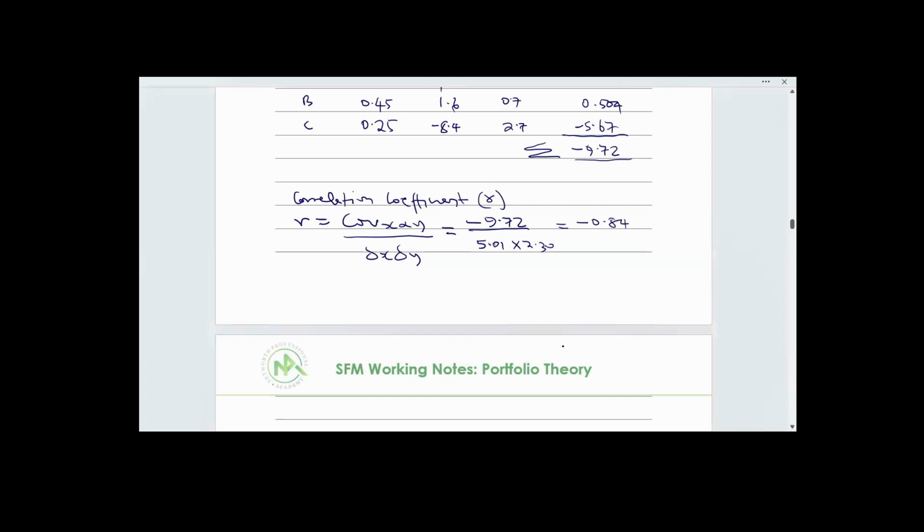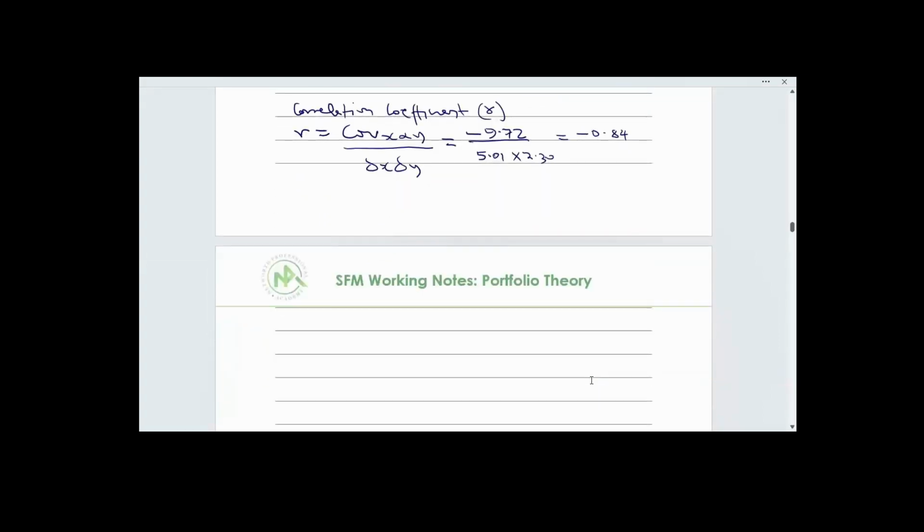So that's the correlation coefficient between security X and Y. So this means that the relationship between security X and Y is highly negatively correlated.